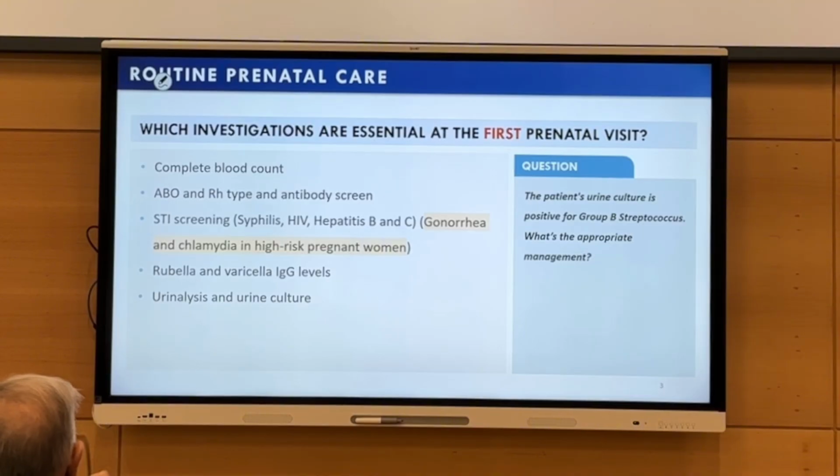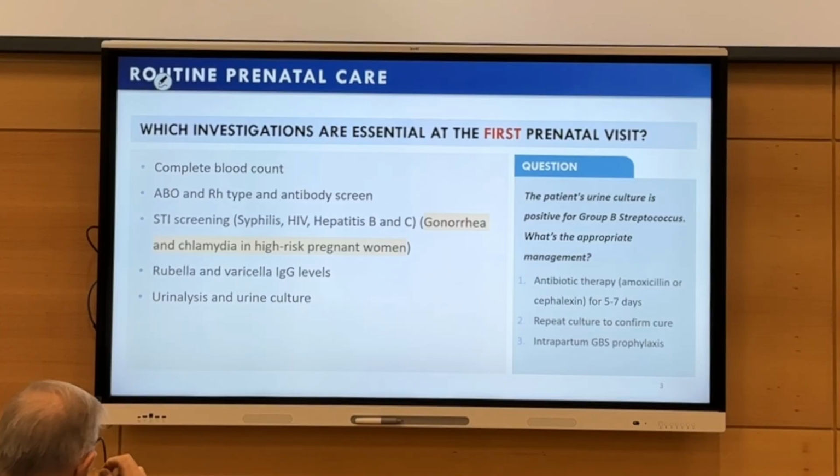What else? Make sure the child does not have neonatal meningitis. How do we make sure? Is there anything that would be given to her intrapartum? Intrapartum, yes. Antibiotics. Which are? Penicillin G. Excellent.